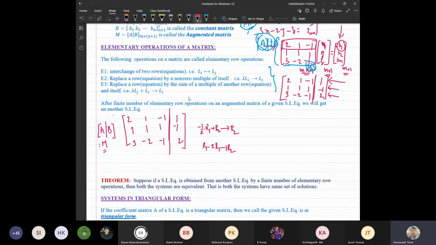Of course, it is also a row operation. But it is encouraged to follow this way, not the other way. This is the unique way, and if you use the other kind of notation, then it is not the unique way. So that is the reason it is encouraged to use only the standard way of doing it.